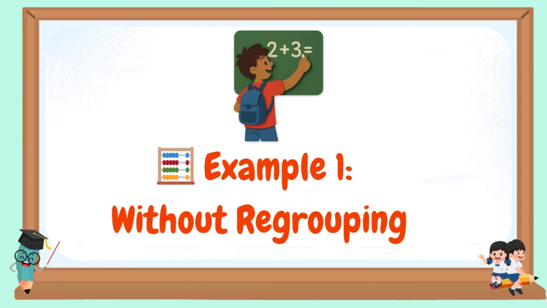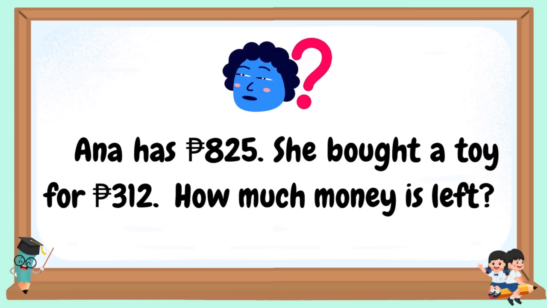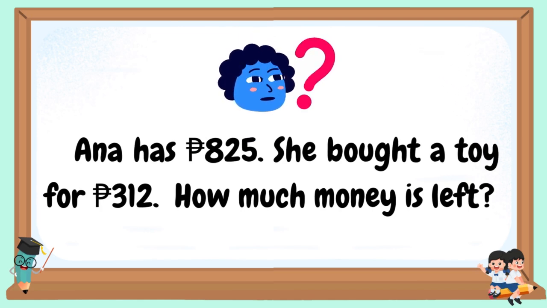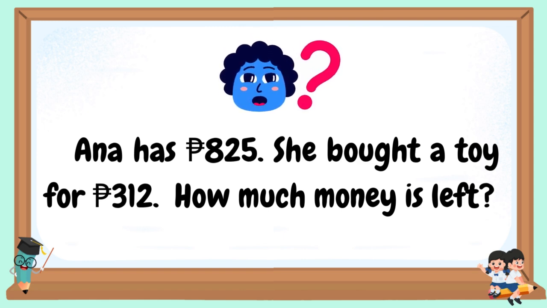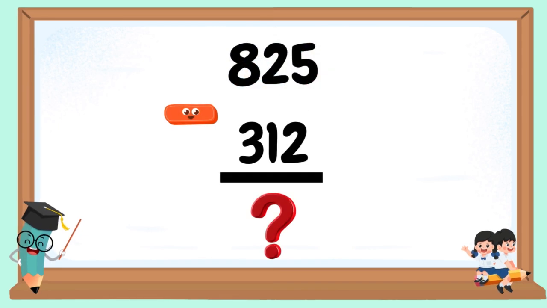Example 1 without regrouping. Anna has 825 pesos. She bought a toy for 312 pesos. How much money is left? 825 minus 312. 5 minus 2 is equal to 3. 2 minus 1 is equal to 1.